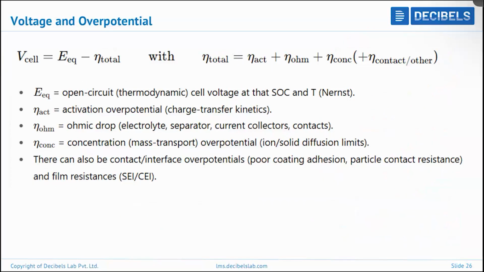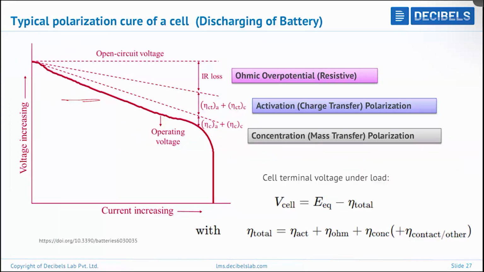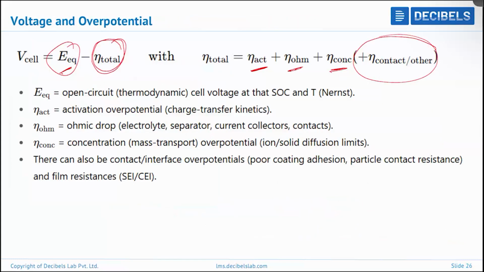So overall, the cell voltage is the equilibrium potential minus the overpotential. The overpotential actually depends on various factors. It is the sum of the activation overpotential, ohmic overpotential, and concentration overpotential, plus also some other contacts and others. So E equilibrium is the open circuit cell voltage at that SOC, and I'm going to cover in detail the charge transfer, that is the activation overpotential.